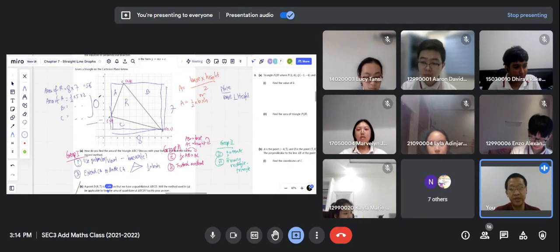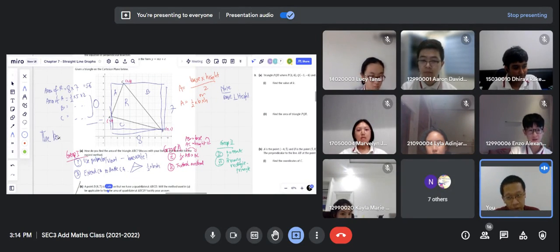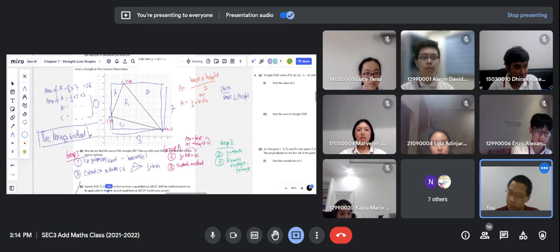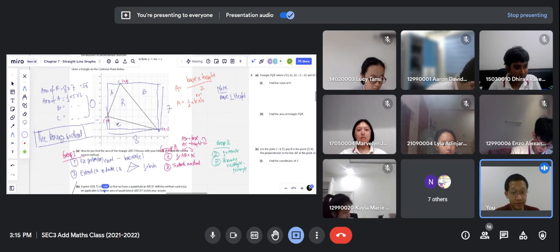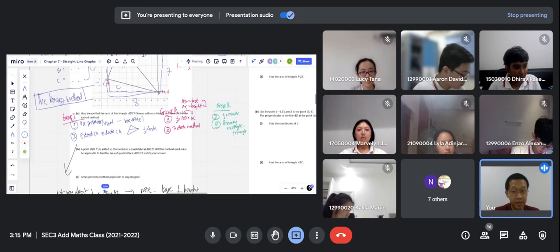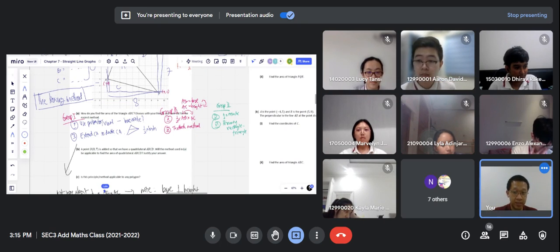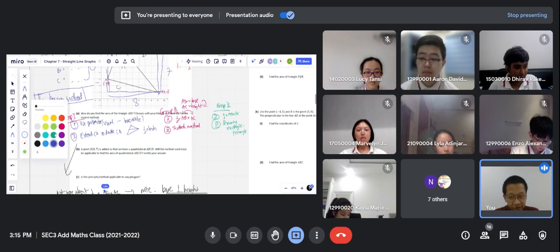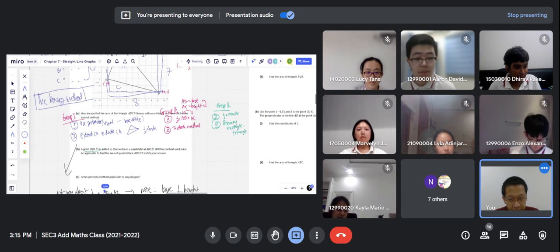And in the textbook, this is called the boxing method. I'm not really sure about the name, but oh well. Let's just use the name in the textbook. So they call this the boxing method, which could bring us to the second question. Let's say we add a point D over here, 8, 7.